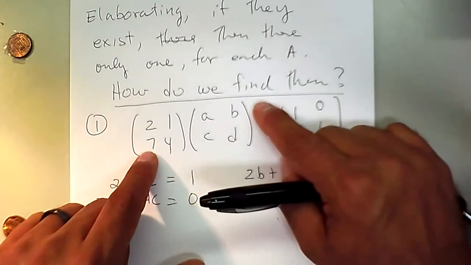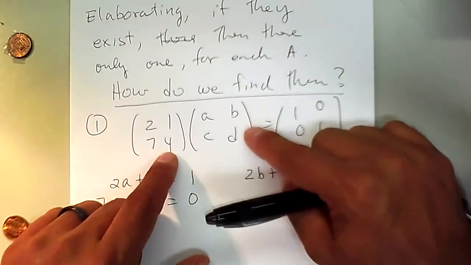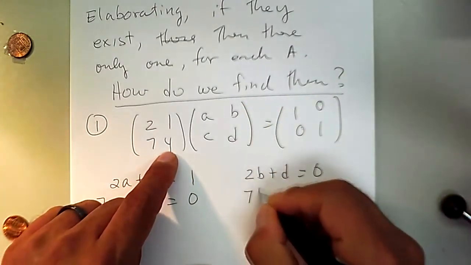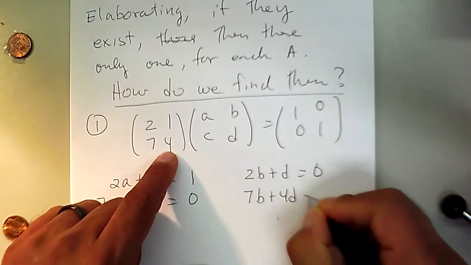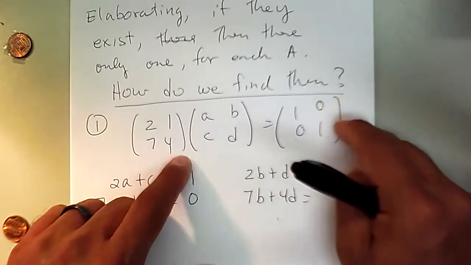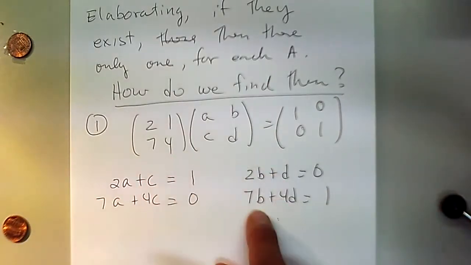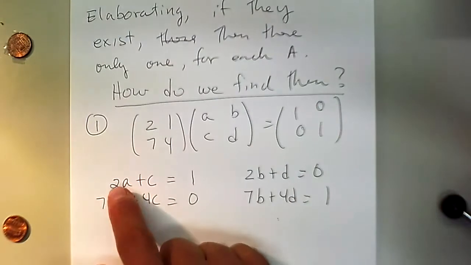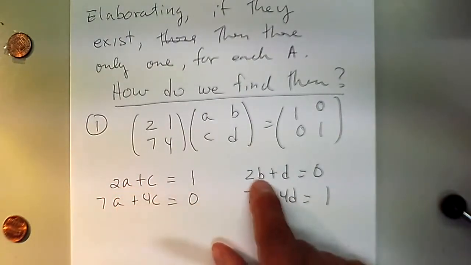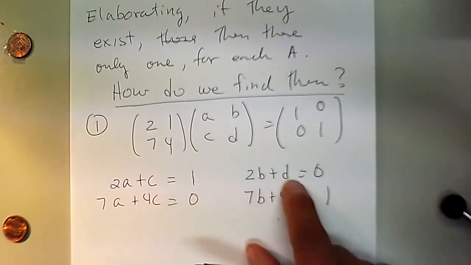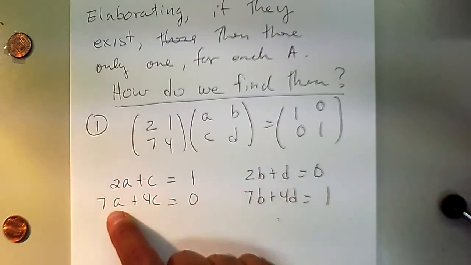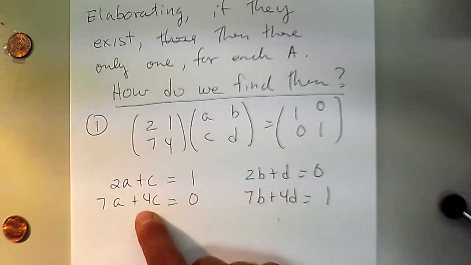And 7b plus 4d is 1. So we have 4 equations and 4 unknowns, a, b, c, d.